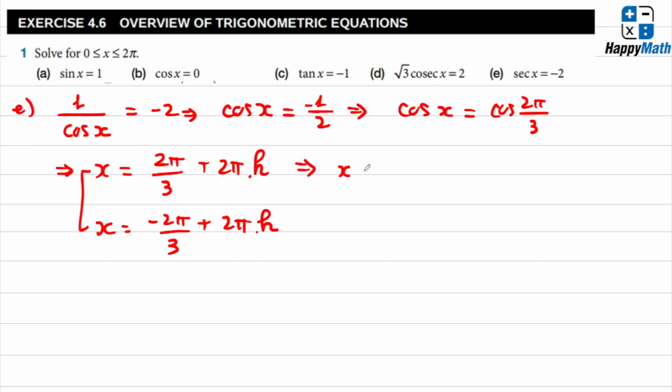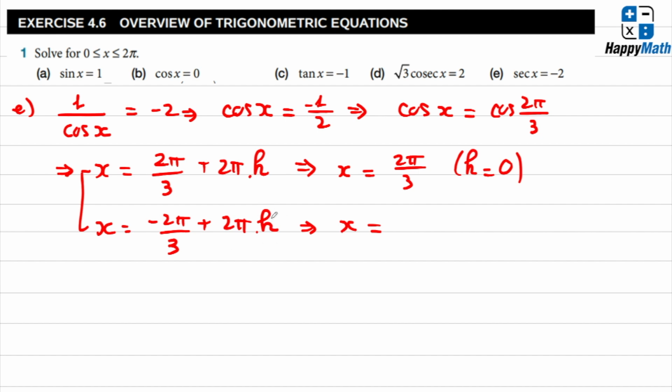For the first one, you have the value of x is 2 pi over 3 with k equal to 0. But for the second equation here, if k equals 0, this value becomes negative, so it cannot be the right answer. I will try k equal to 1.